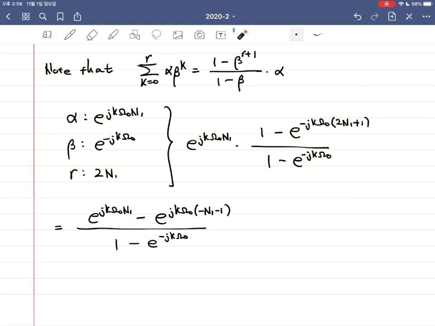However, before that, I want to do a multiplication to make it prettier. So I will multiply both numerator and denominator by this e to the 1/2 of jk omega 0.